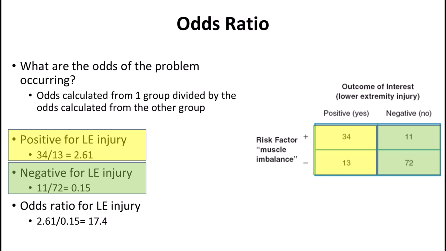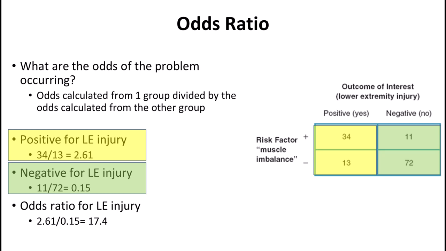For those individuals who are negative for lower extremity injury, you have 11 divided by 72, and if you calculate that, it's 0.15. So the odds ratio for lower extremity injury in all of these individuals is going to be 2.61 divided by 0.15, equal to 17.4. And that's the odds ratio.